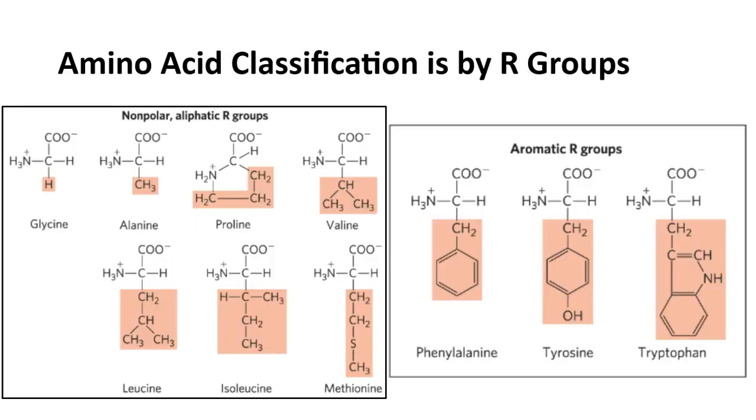And so remember that I mentioned that we have 20 common amino acids. They are classified by their R groups. And so what you have is the non-polar aliphatic R groups, and they basically just have carbons attached to it. They are not polar.